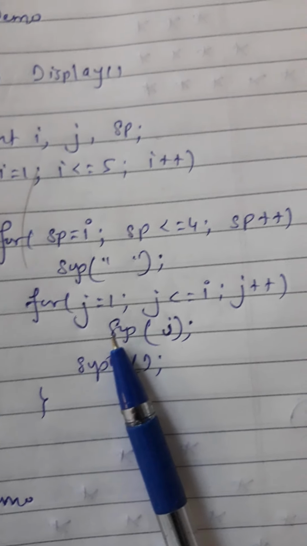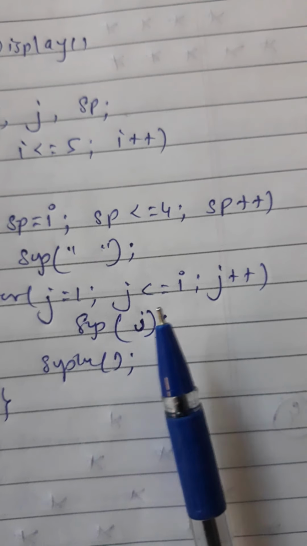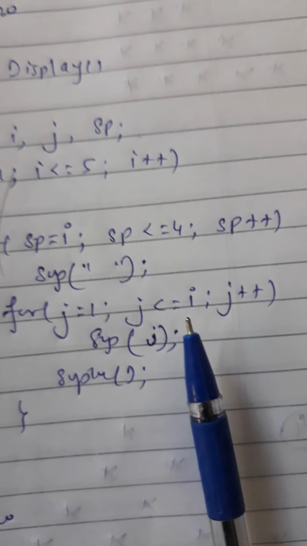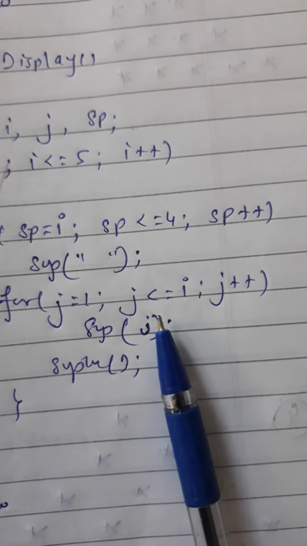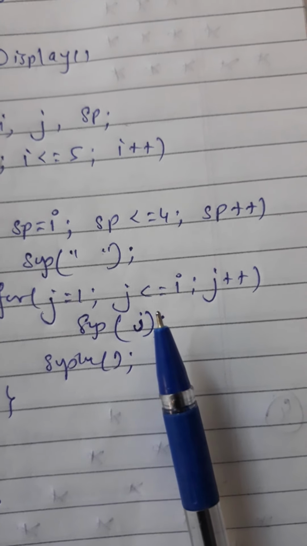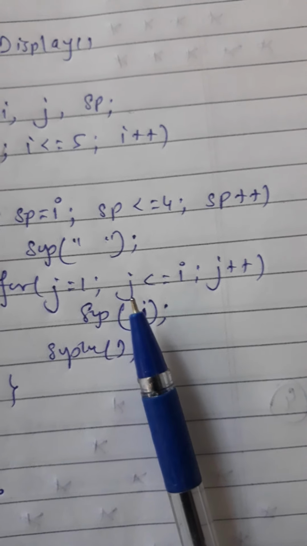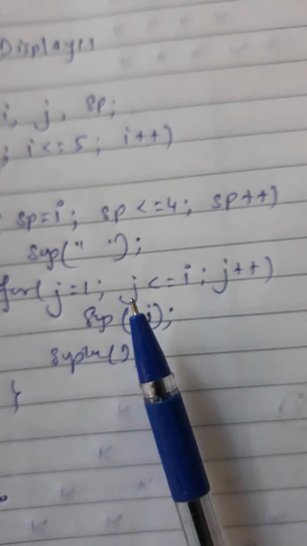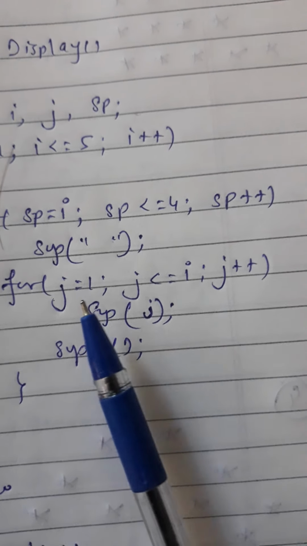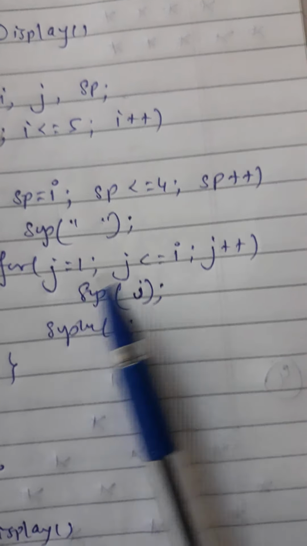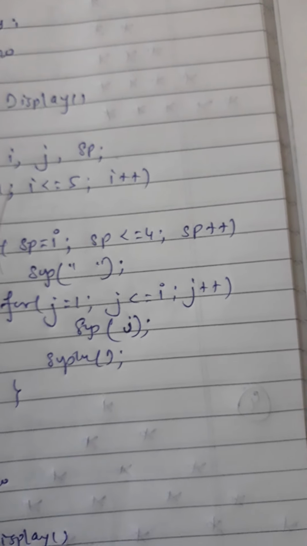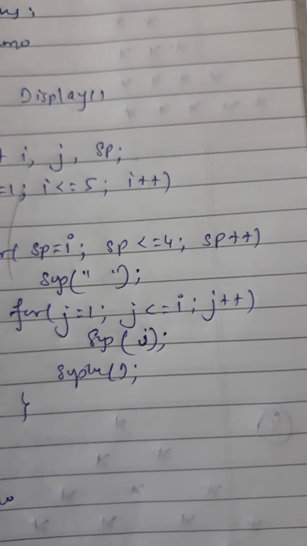After that j starts from 1 and j is less than equal i, j plus plus. So this will print 1, 2, 3, because right now the value is 3 and j starts from 1. Similarly this will print up to 5.